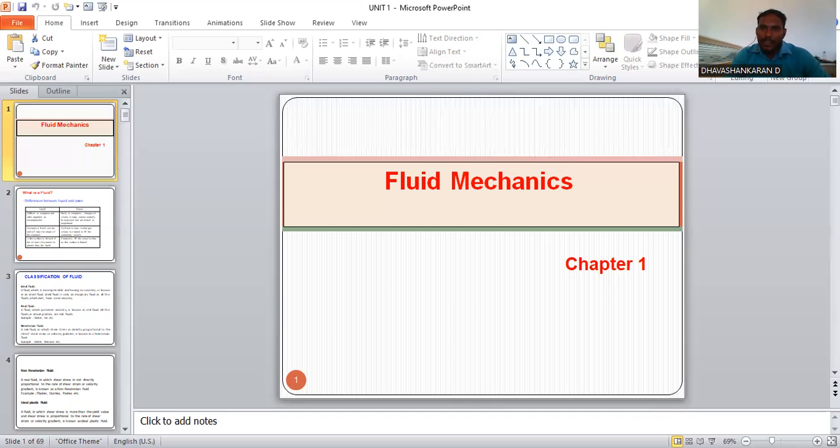Based on the deviation in temperature, the specific gravity will differ. These are a few examples given in the tabular column.